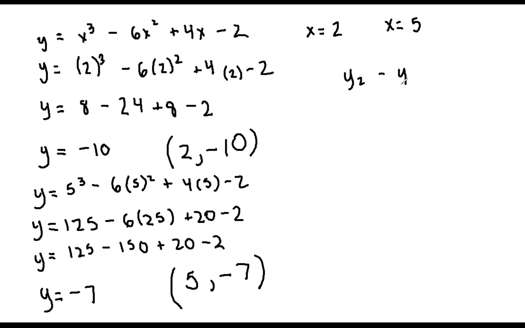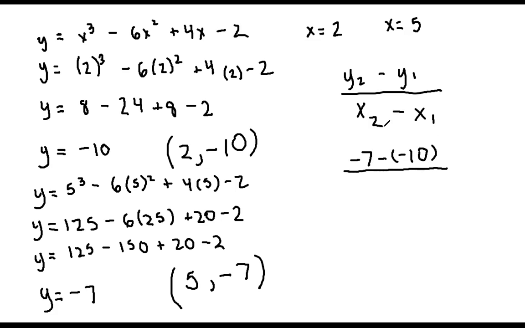y2 minus y1 over x2 minus x1. It doesn't really matter which one's 2 and 1, but I'll just use this as our 2 and this as our 1. So negative 7 minus negative 10 over x2, so 5 minus 2.